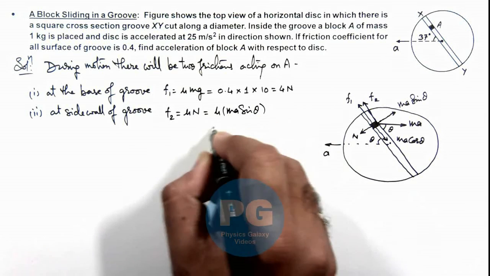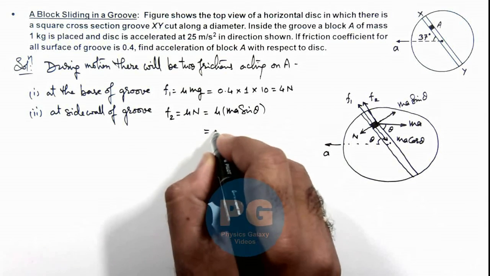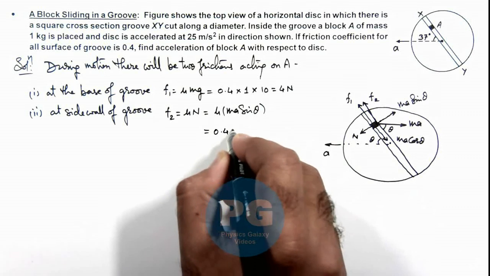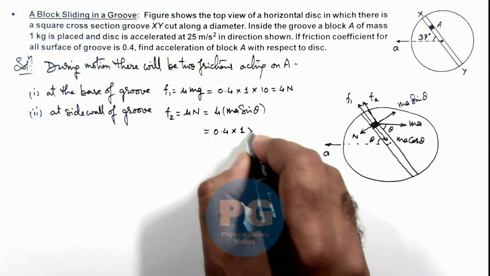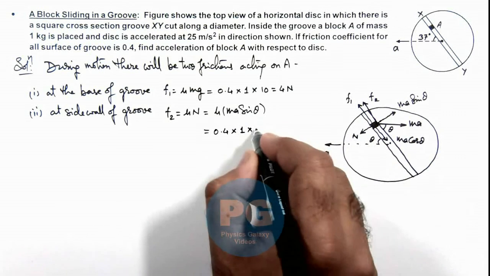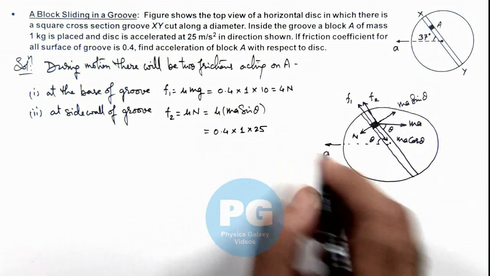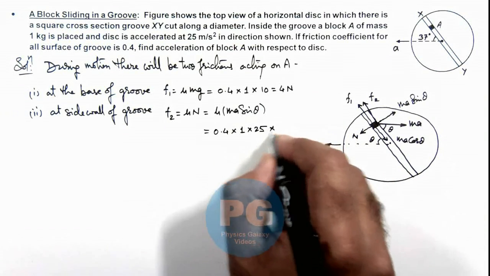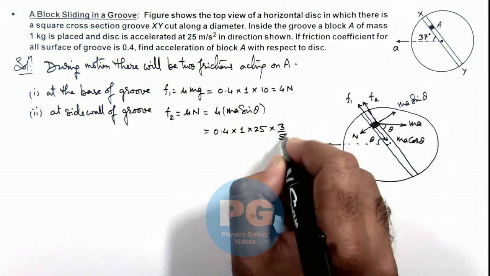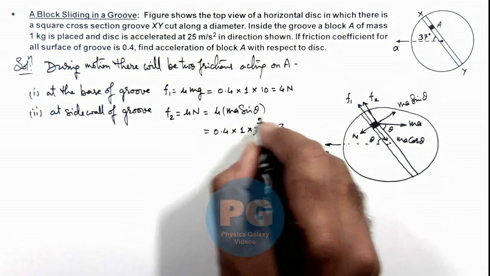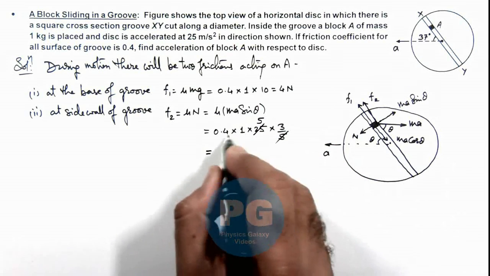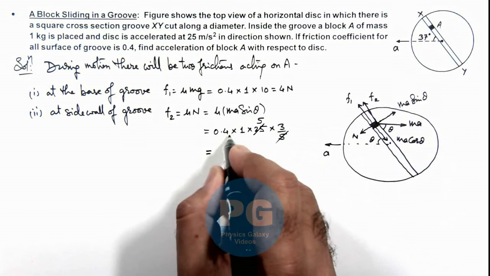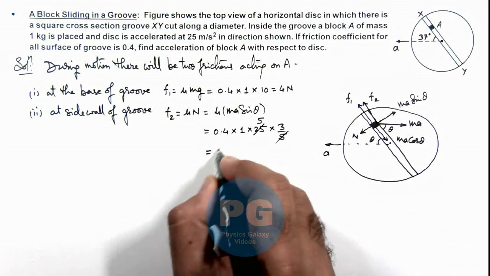We substitute the values numerically: mu is 0.4 multiplied by 1, acceleration of disc is given to us as 25, theta is 37 degrees, so the value of sin theta will be 3 by 5. And this 5 gets cancelled out. Now simplifying, this value will be 15 multiplied by 0.4, this is 6 Newton.